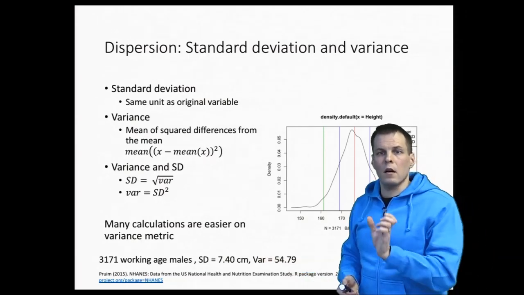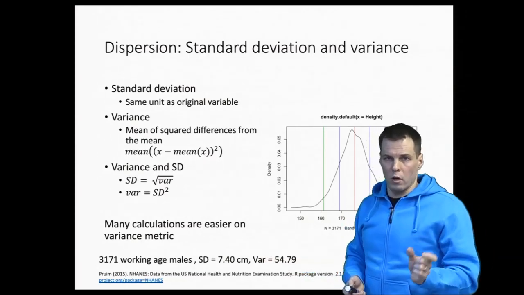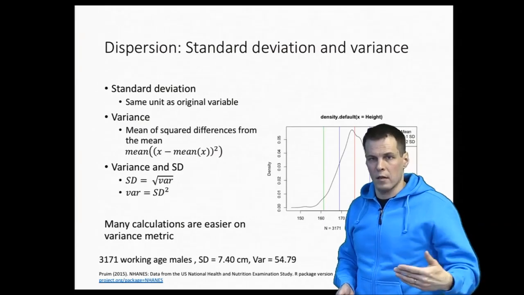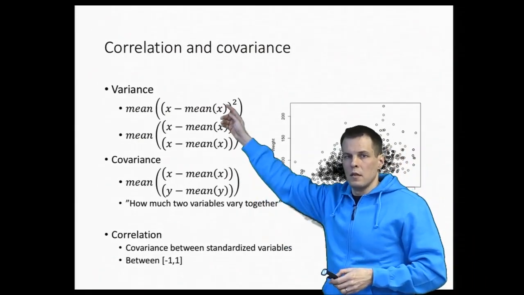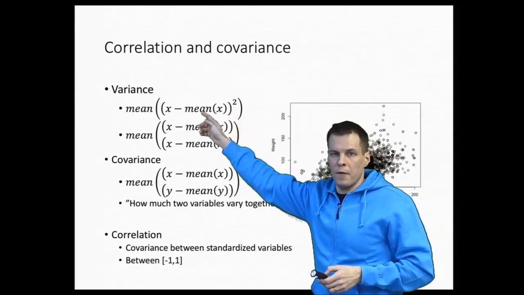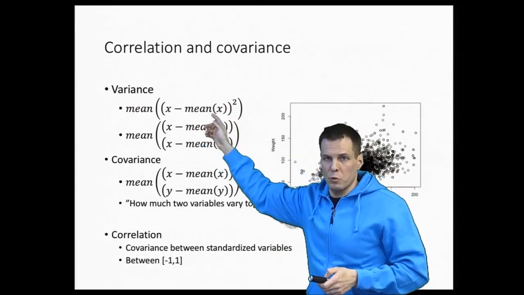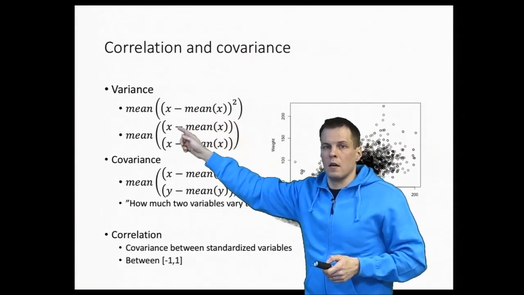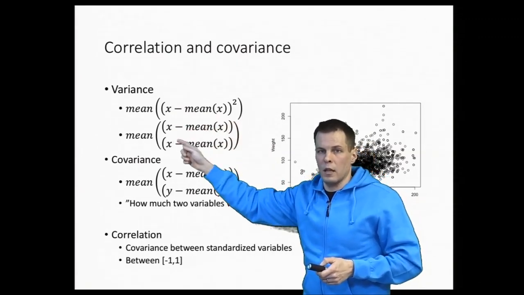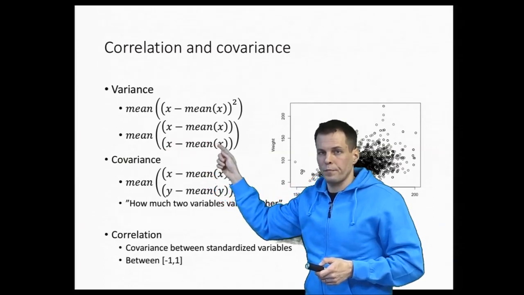The concept of variance is important to understand the concept of covariance. So the idea was that the variance was the mean of differences of each observation from the mean, to the second power. So it's the same as difference from the mean multiplied by difference from the mean.